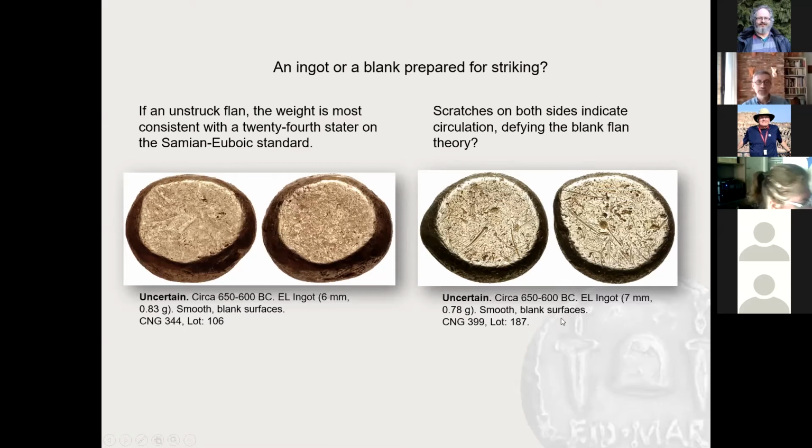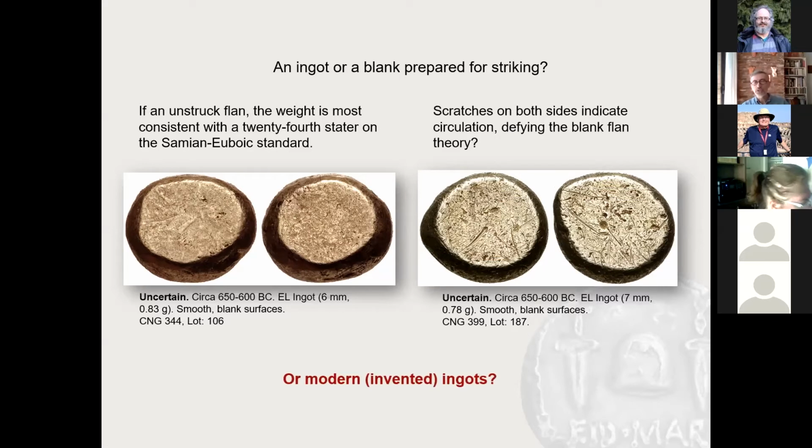So even though it was not struck as a coin, it continued to circulate as is, which tells us that the intrinsic value was most important in this case, but not the strike or the symbols that we see as a result of strike.